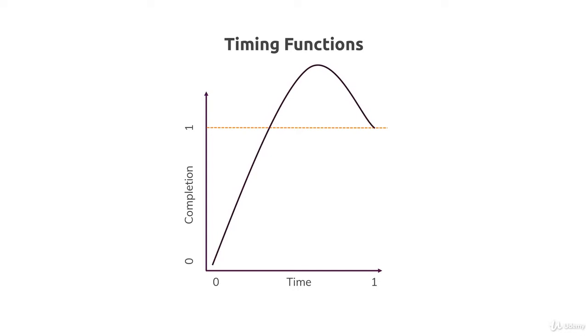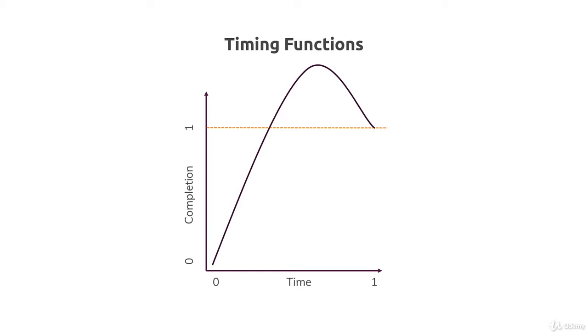And for this specific function here, it temporarily even has a higher completion than the end completion. This is also possible. You could have functions where you, for example, want to change the scale of an element, and in between, you actually have a bigger scale than at the end to have a bumping effect. This is something you can easily build with CSS animations, something I'll dive in later.